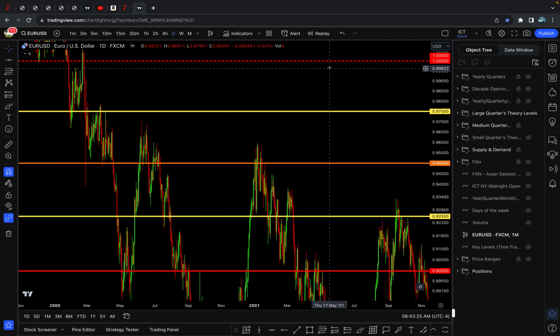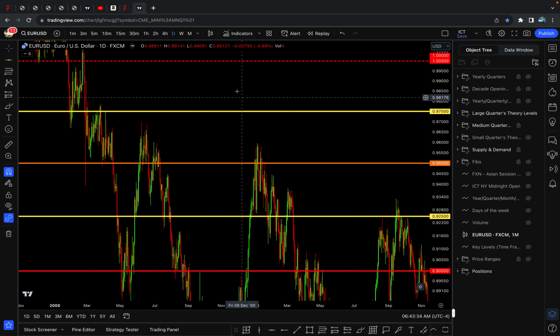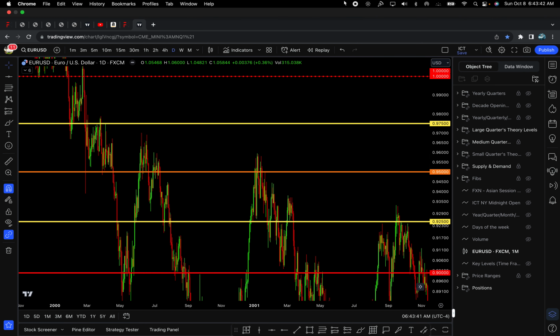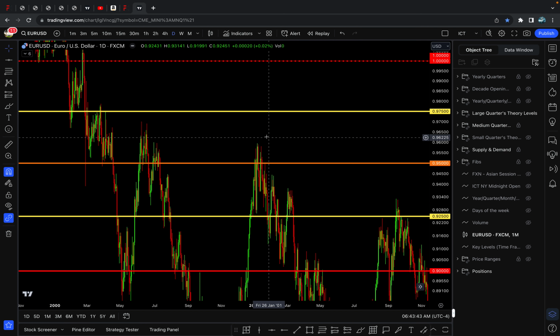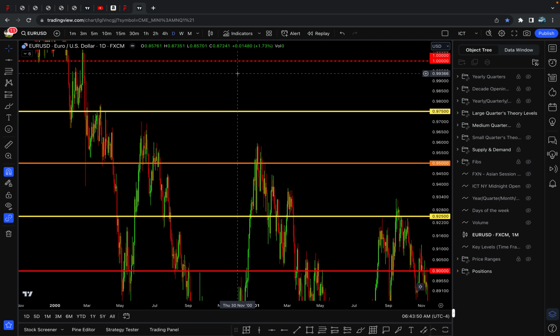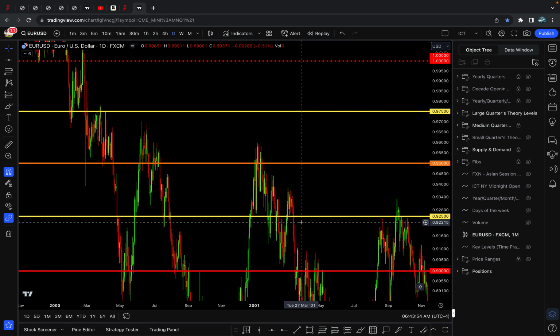So you see how we have a major level here that was left over from the large Quarters Theory levels. But now we add the medium, and now we start to fill in between the large Quarters Theory levels. So we have exactly the same concept from 0.9 to 1.0. That is 10,000 points, right?